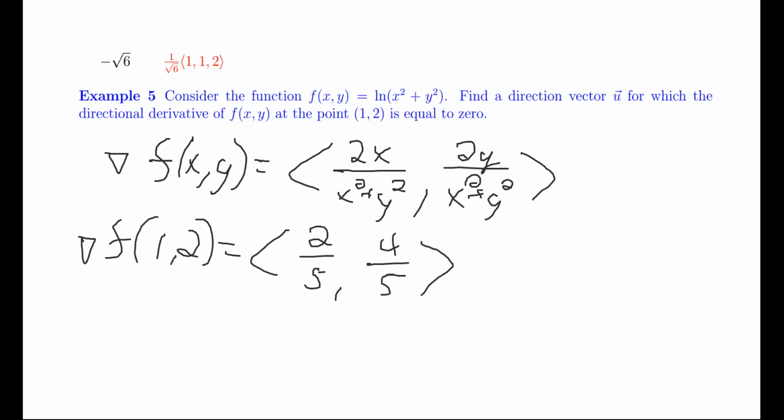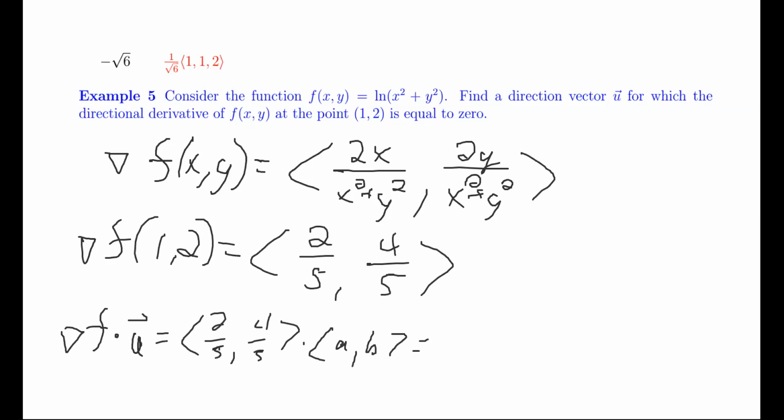Well, gradient of f dotted with u is equal to 2/5, 4/5 times some vector u, which we can call a, b. Take the dot product here, we get 2/5 times a plus 4/5 times b, and we want this to equal 0, because if they're perpendicular, that means their dot product is 0.